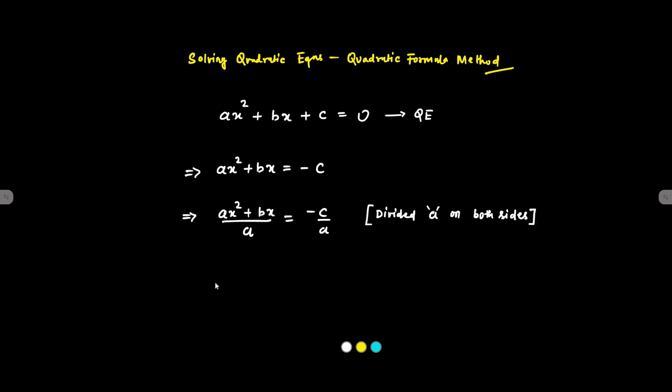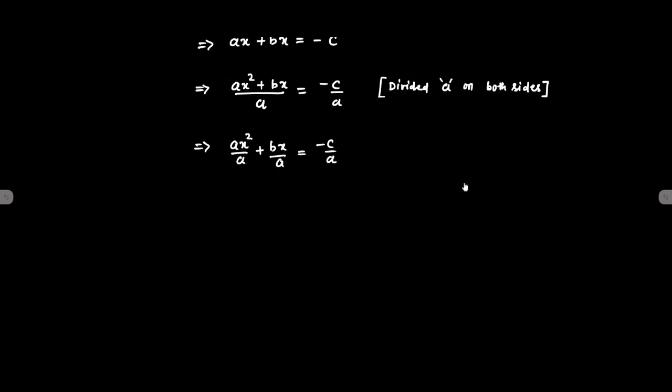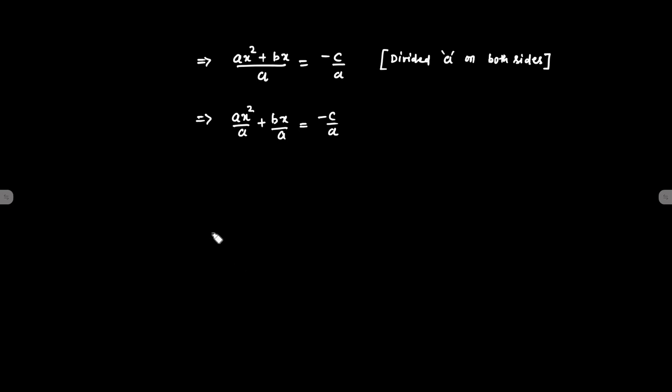So we have ax square by a plus bx by a is equal to minus c by a. That implies x square plus b by a x is equal to minus c by a.